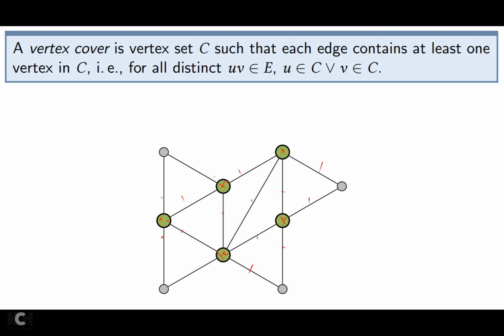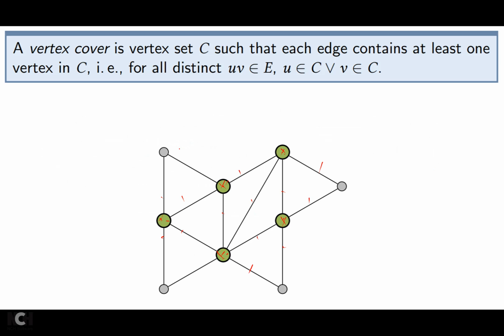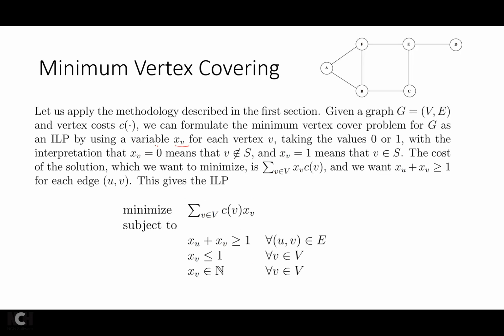Let's define a decision variable. For each vertex, selected or not selected, we treat it as a Boolean variable, right? So we can define xv for each vertex v, taking the values 0 or 1. If it's 0, it does not belong to the minimum vertex cover. If it's equal to 1, it means the vertex is selected.